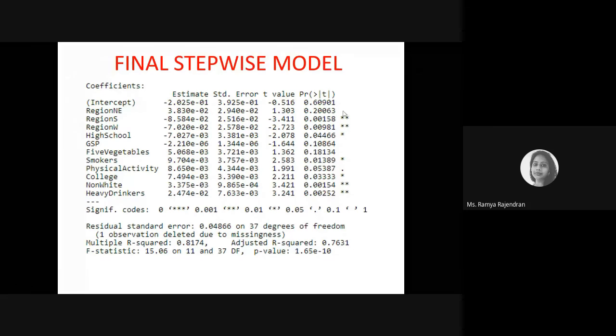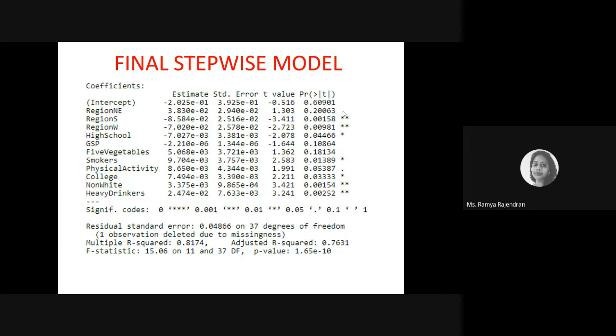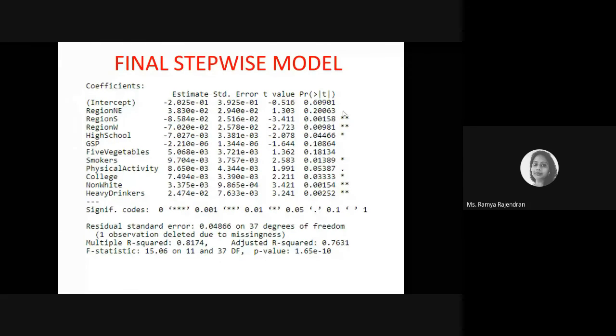Okay, stepwise regression is a combination of forward selection and backward elimination procedures. So in forward selection, you start the model with no variables at all, but you calculate the correlation between the dependent and all independent variables, and then you develop a linear regression model by adding the variable for which the correlation coefficient is highest.